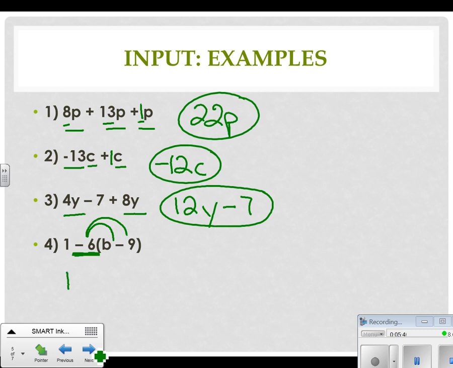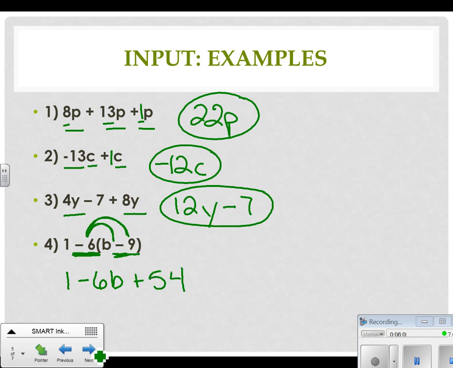So we have 1, and then we do negative 6 times b, which is negative 6b. Then we do negative 6 times, now this isn't 9, it's really a negative 9 because of the minus in front. Negative 6 times negative 9 gives us a positive 54.